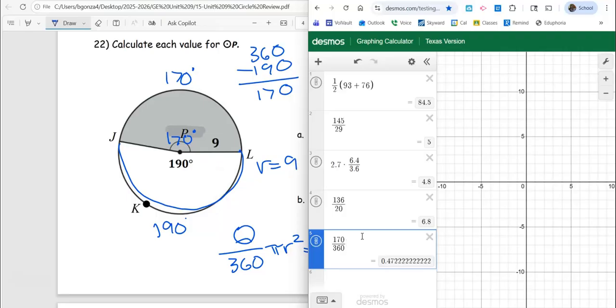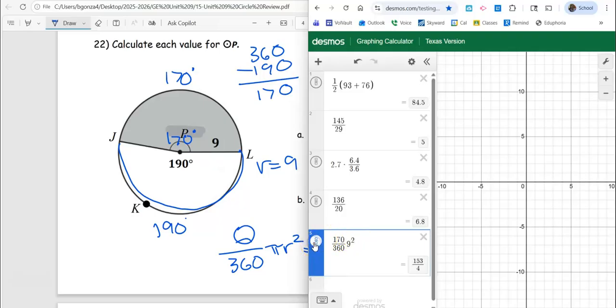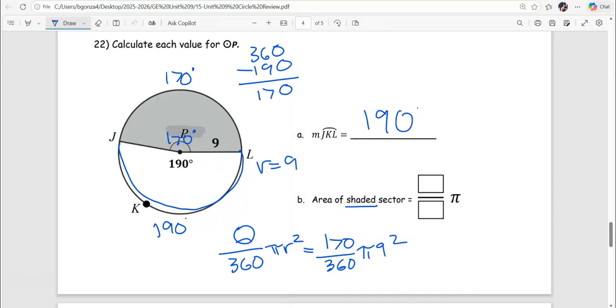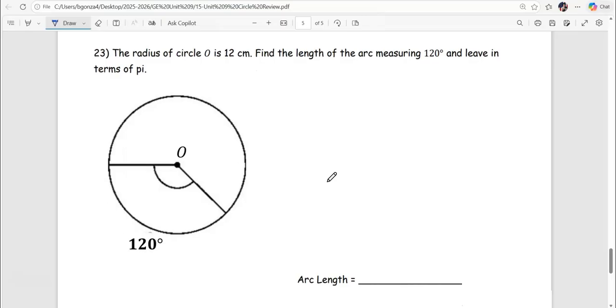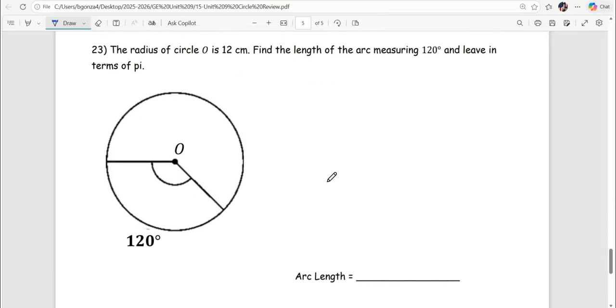I'm not going to type the pi because I'm going to put it in terms of pi. And then hit this little fraction button, 153 over 4 pi. Do not leave it as a decimal, or you can turn fractions into decimals to check your answers.